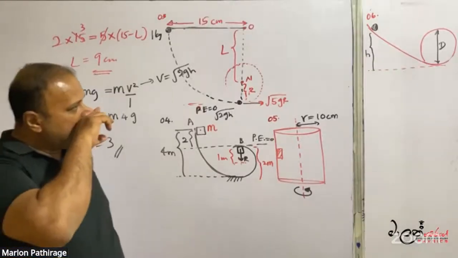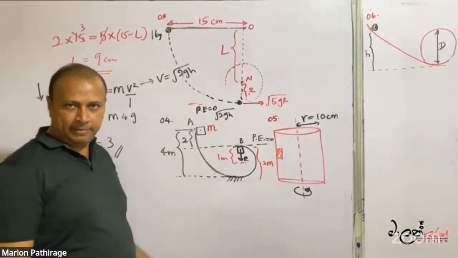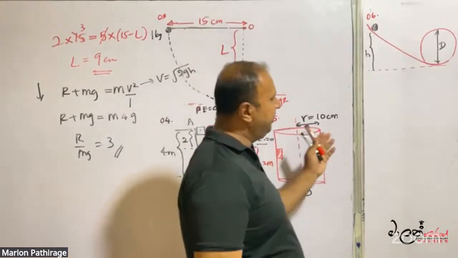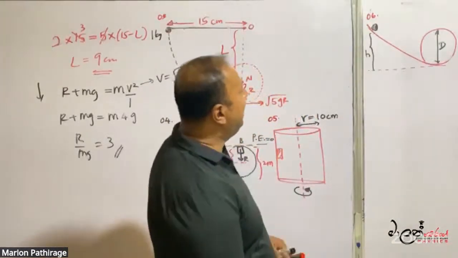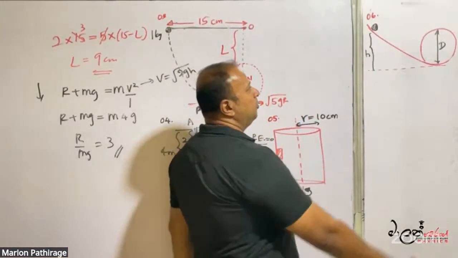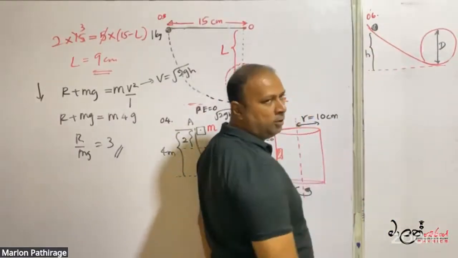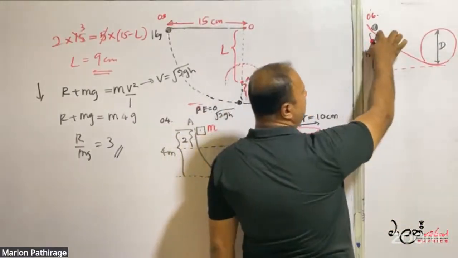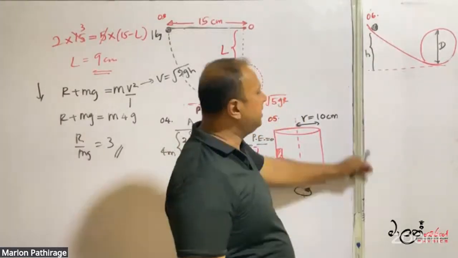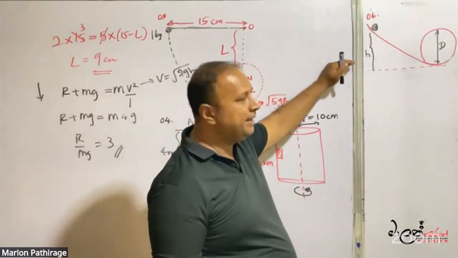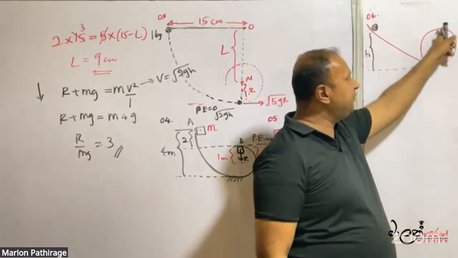Okay, we can do question number 6 in this method also. Here, now there's a ball. This ball is released from rest at a height of h. Now this ball completes a full circle.